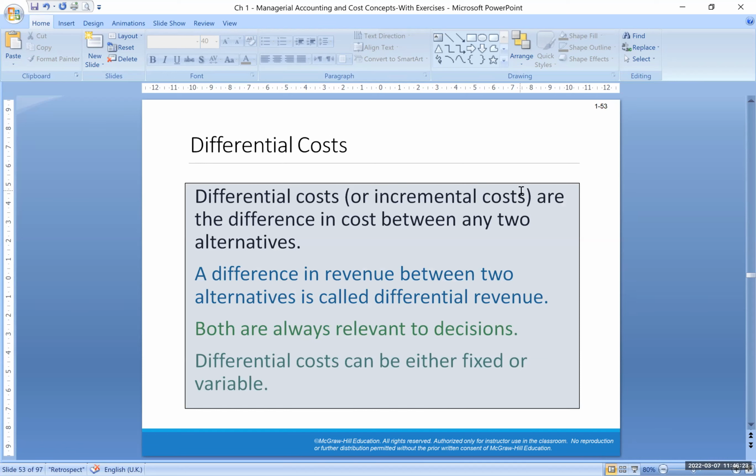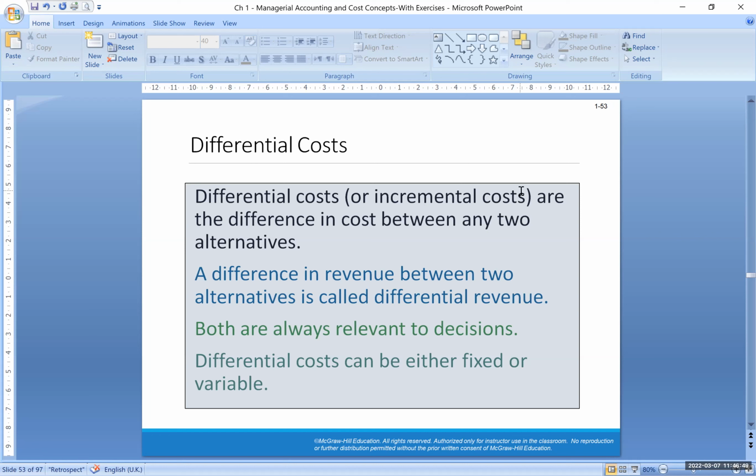The first one is called differential costs or incremental costs. Definitely we will use these incremental costs and revenues in the last chapter, chapter 14. The word differential is the difference in costs between two alternatives.